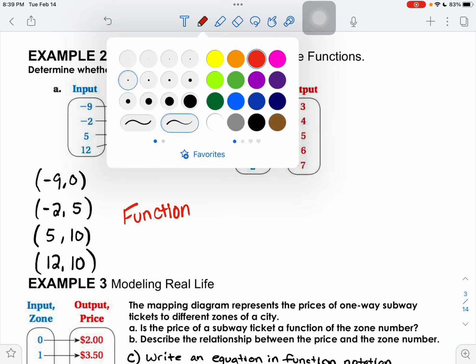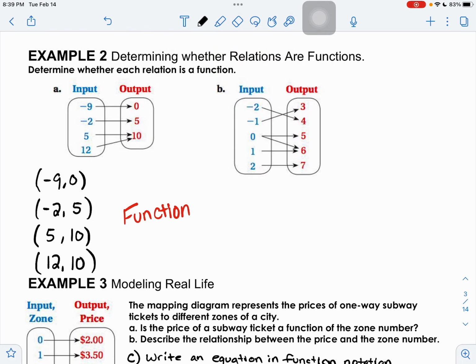In B, however, when we look at those ordered pairs, we can see that -2 is paired with 4, -1 is paired with 3, and then here's where the problem occurs: 0 goes to 5, and 0 goes to 6.